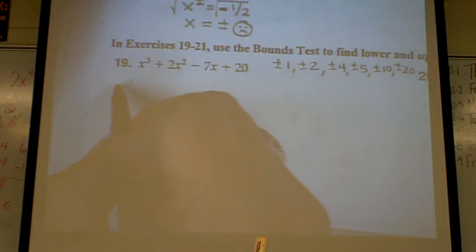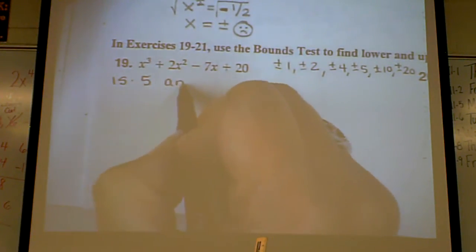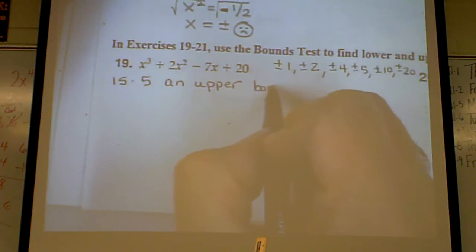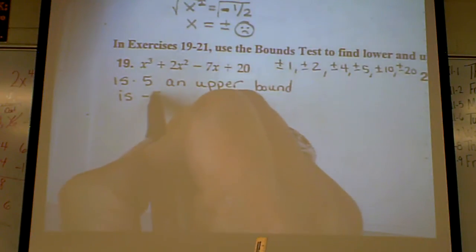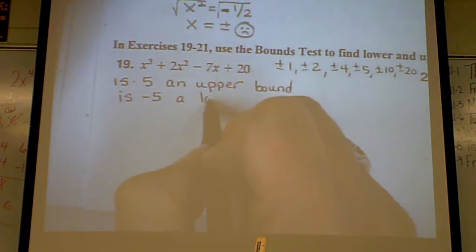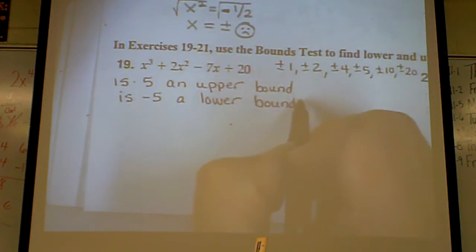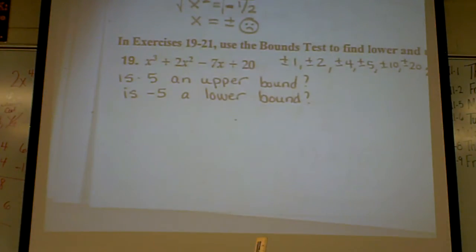If I ask you, is 5 an upper bound? Or is negative 5 a lower bound? These are two different questions. We just have to test. What are you going to do? One of these will be on your test.